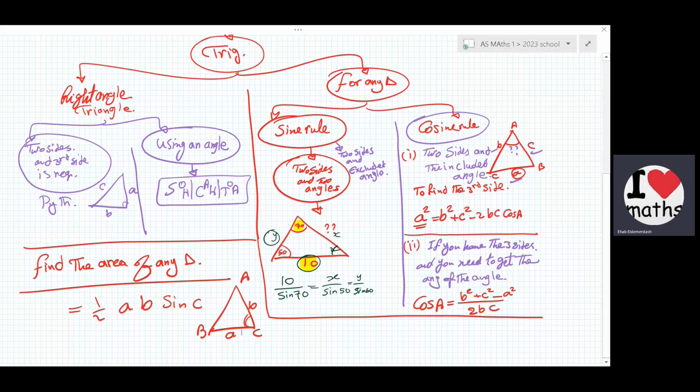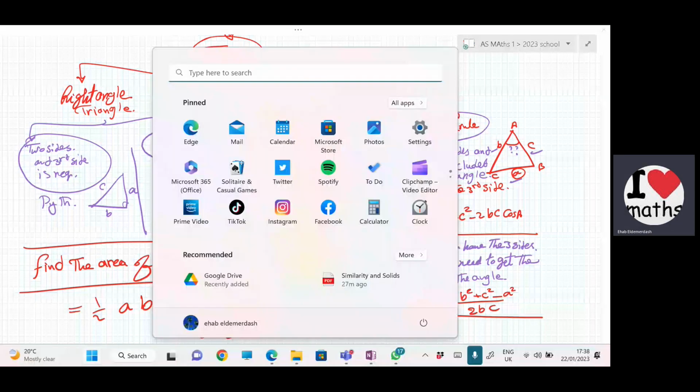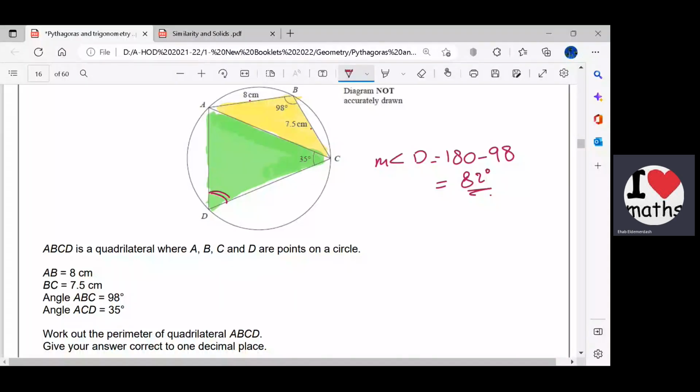If I have to work on the green triangle, this is the connection that I told you about: if they are two joined shapes, two shapes joined together, there should be a common side. Any two shapes that touch each other or have a common side between them, you should be able to identify the common side.